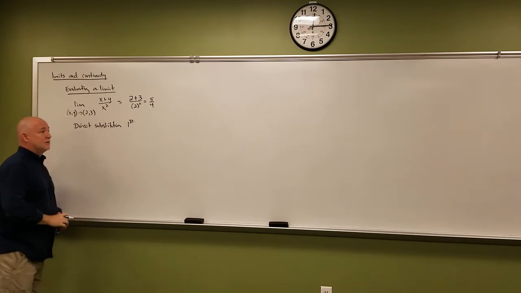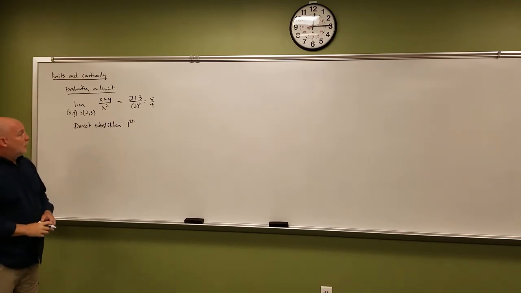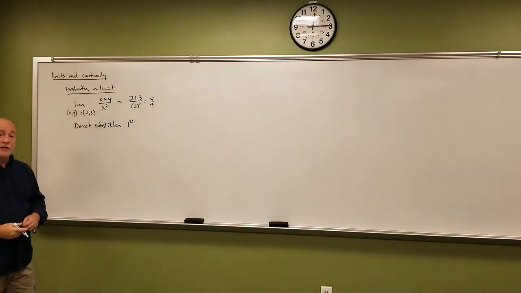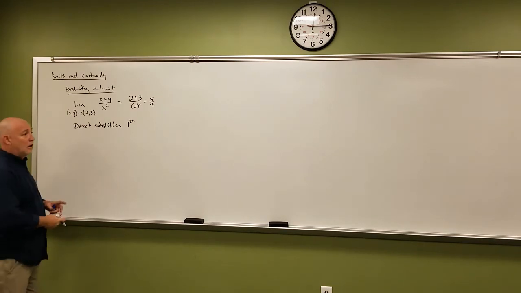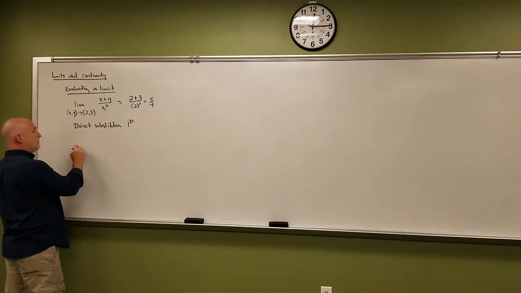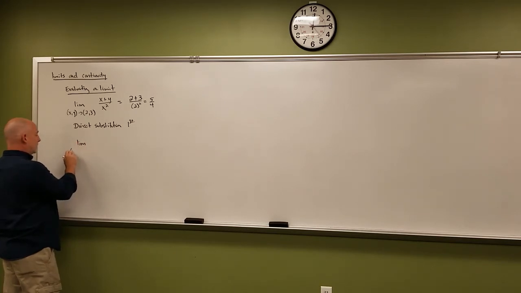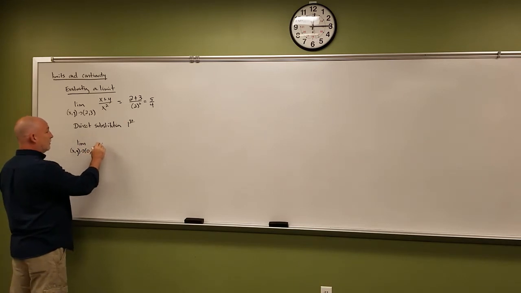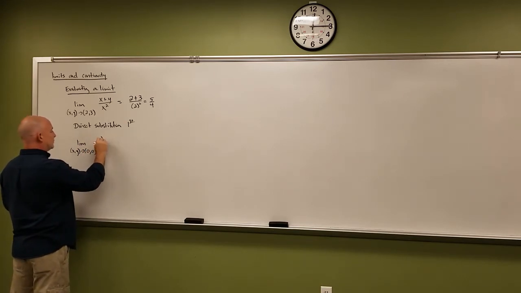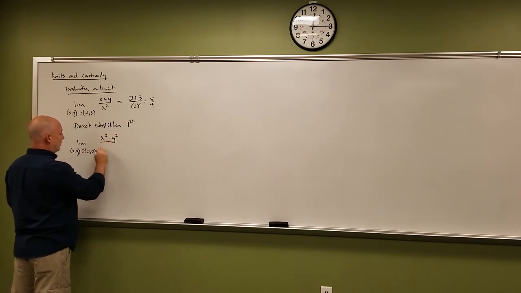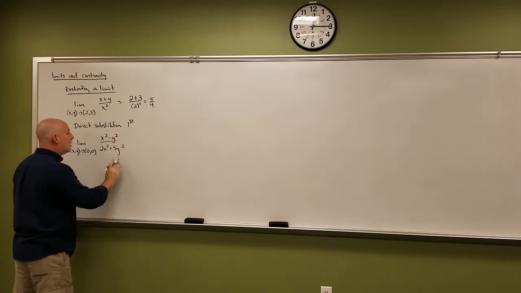That goes without saying. Now, unfortunately, the same types of things can happen when we're dealing with limits that may or may not exist. Let's take a look at something quite a bit more difficult. The limit as x, y approaches, let's say, 0, 0 of x squared minus y squared over 2x squared plus 5y squared.